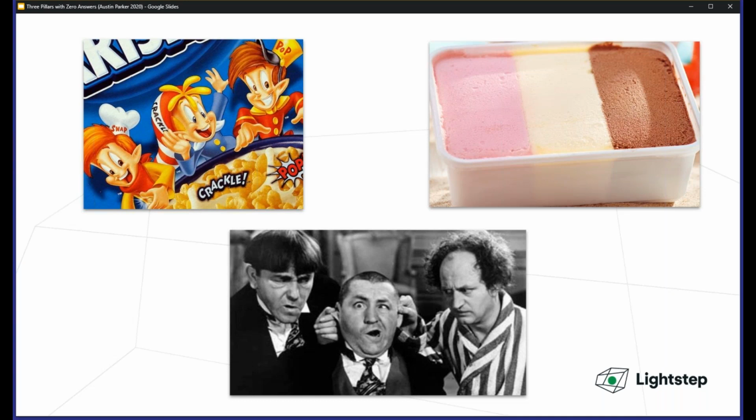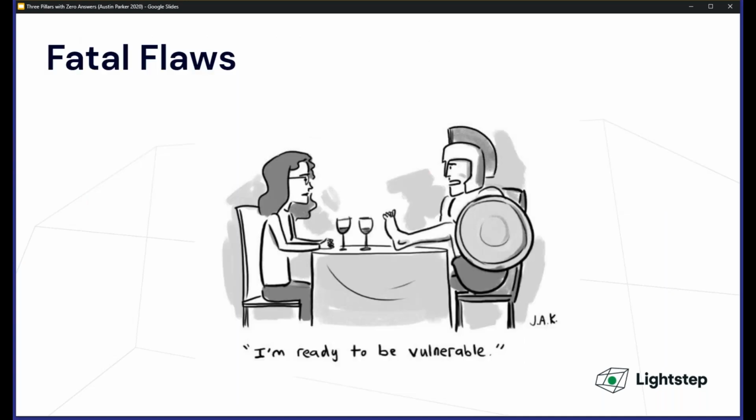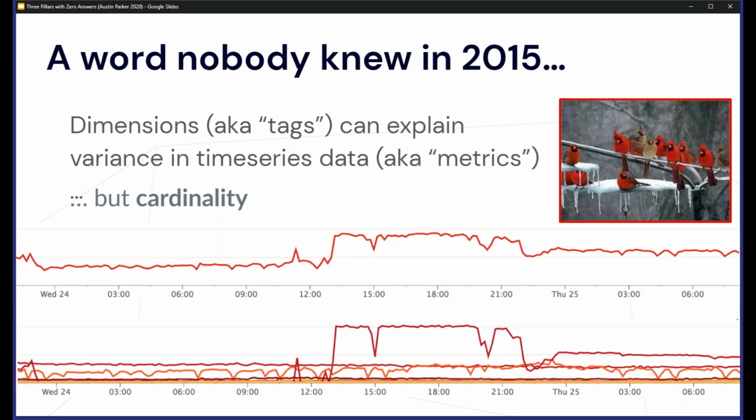Those are objective measures that you can use to assess and grade an observability solution, and that has a lot of appeal, right? This sort of checkbox idea. But those all have fatal flaws, and when you are doing a webinar or going to a conference, it's hard to get people to talk about what doesn't work. And I think we really need to do that. All systems have trade-offs, right? So let's start talking about the trade-offs in metrics.